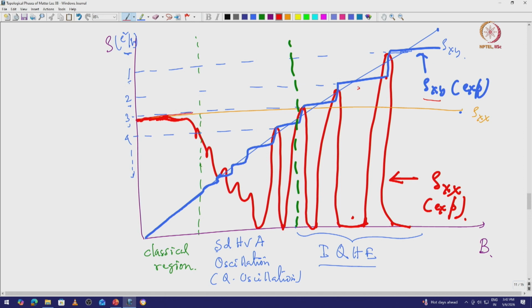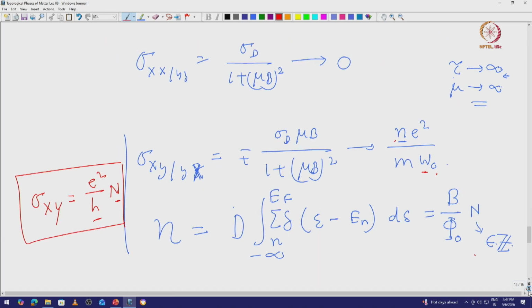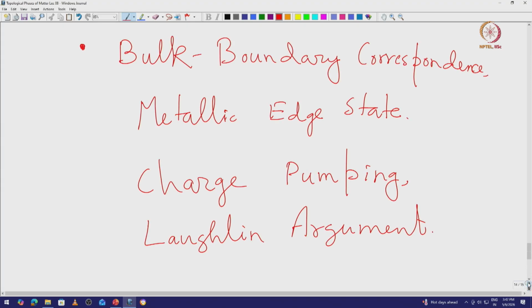All the electrons have formed localized cyclotron orbits in the bulk, and the conduction is happening at the boundary, as we alluded to with the skipping orbit concept. Okay. So, that means even though the bulk is an insulator, your boundaries or edges are conducting.